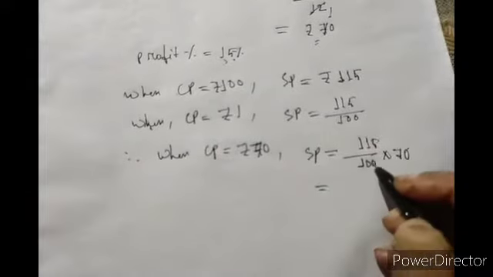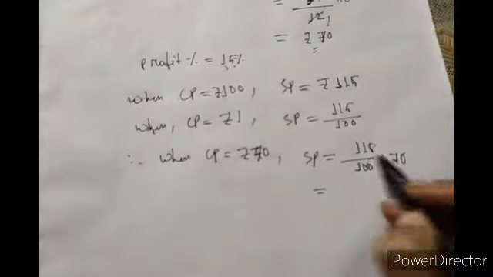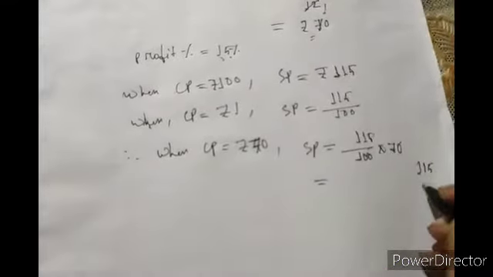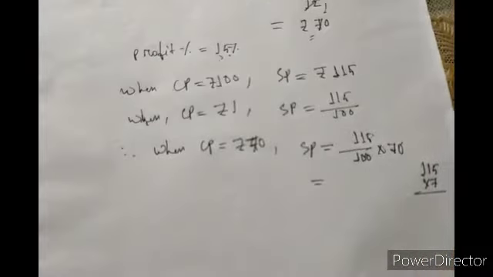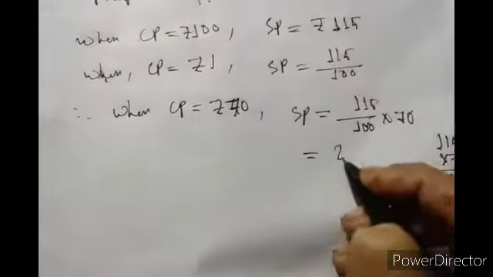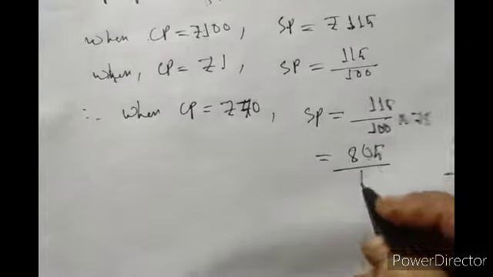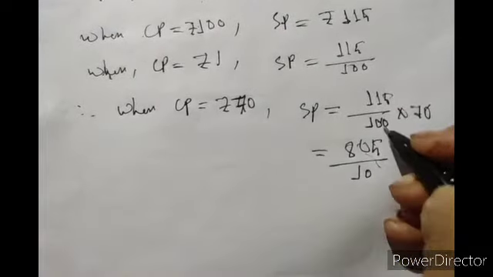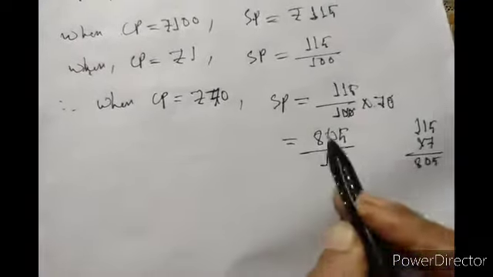So you can cut 10, then multiply 115 into 7. We will get 805. That means 805 by 10.